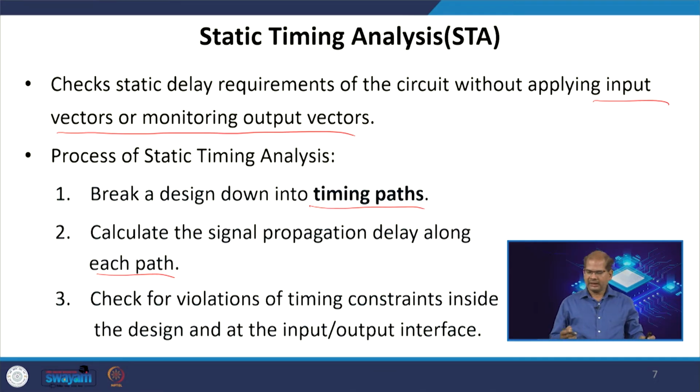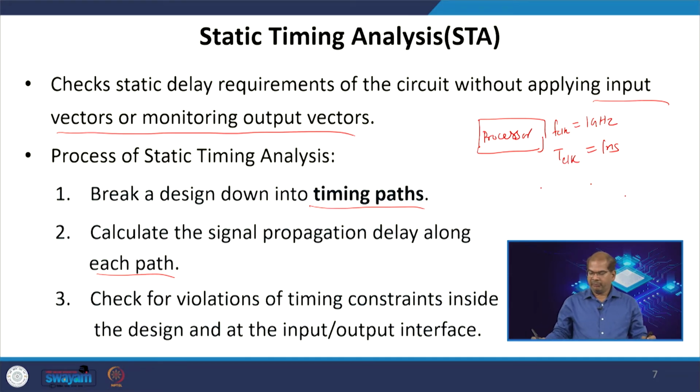timing. Let us say I design a processor. Let us say the speed of the design is, for example, fixed at 1 gigahertz. The corresponding frequency f clock is 1 gigahertz, and the corresponding time period t clock is 1 nanosecond.